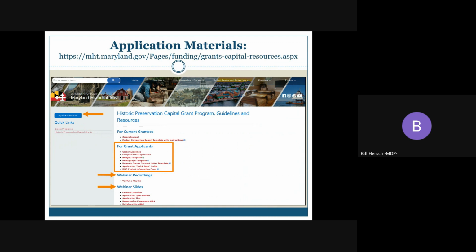This year's Historic Preservation Capital Grant Program will be the first to use the new system, and the links to the FY25 application will prompt you to create a new account in that system. All applicants, even those who have a current account, will need to register as a new user. You will not be able to use your previous name, username, and password.